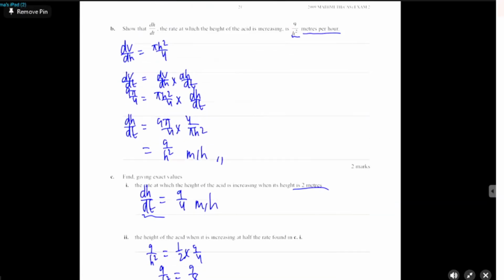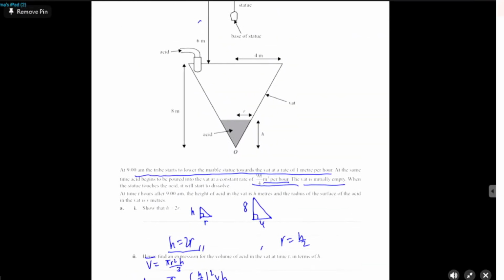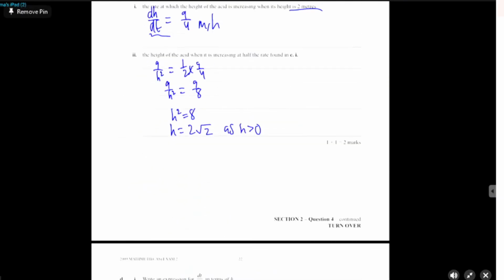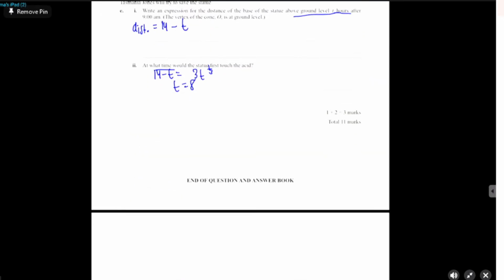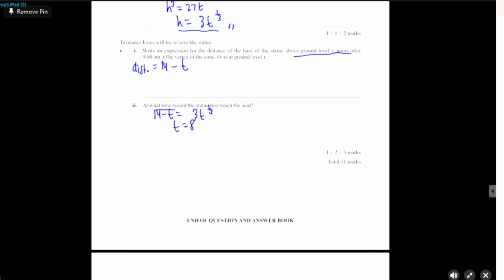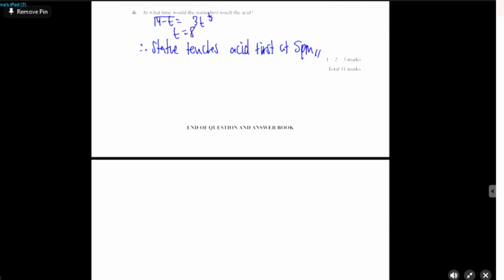And it's given in the question that it starts at 9 a.m. So 9 a.m. plus 8 hours is 17, and 17 is 5 p.m. So therefore, the statue touches the acid first at 5 p.m. And that's it.